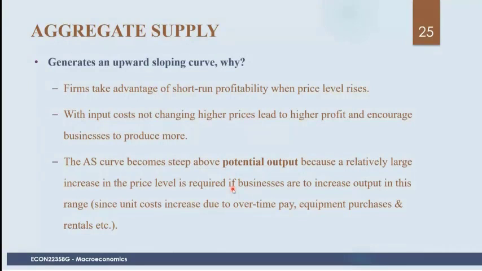So we can exceed potential output, but not in a sustainable way, because you have to be overworking your capital and labor. Essentially, when you're near potential output and you stimulate the economy, you end up with shortages in markets and prices getting bid up. So that's why it becomes more steep around potential output.